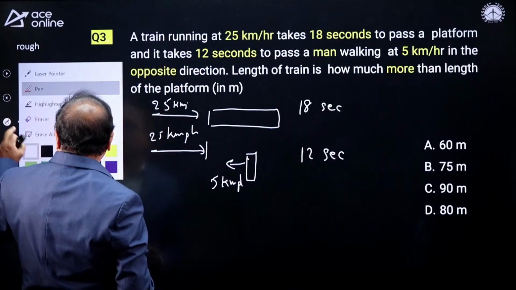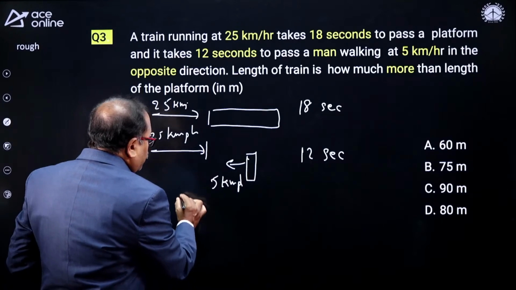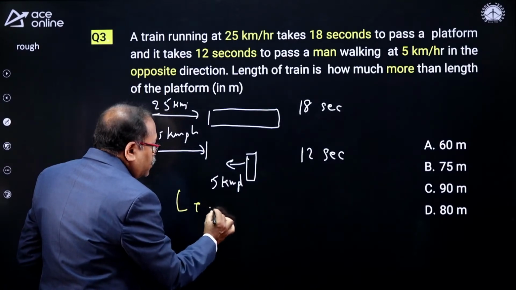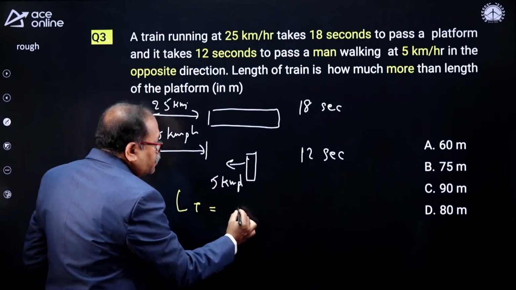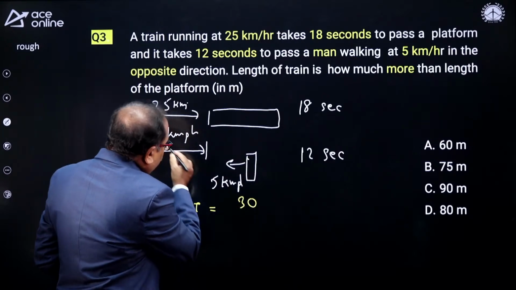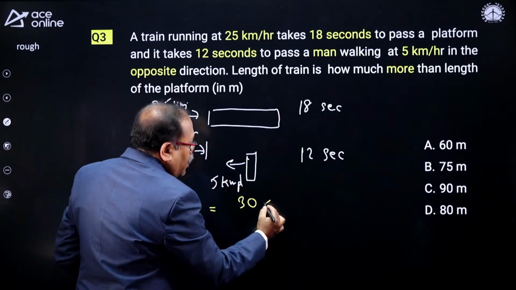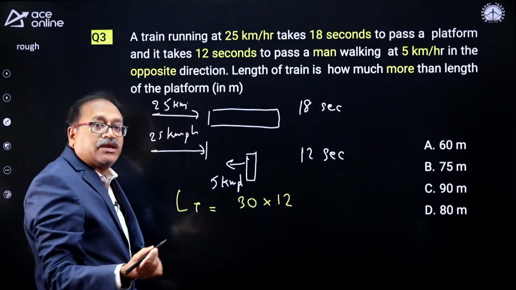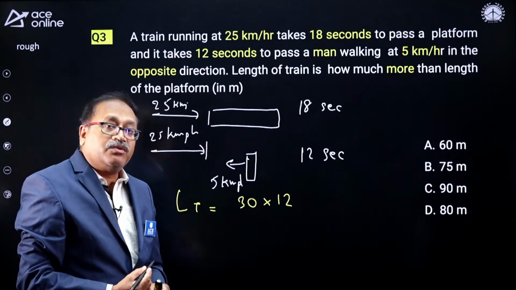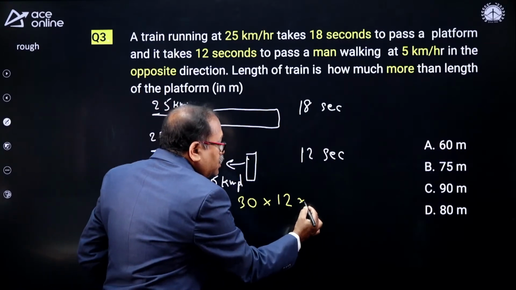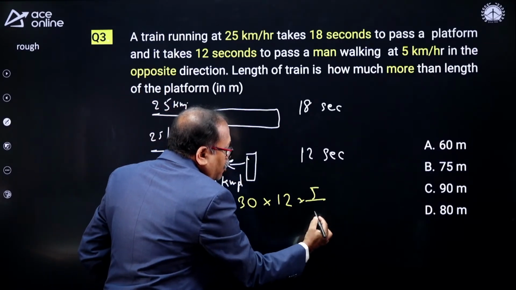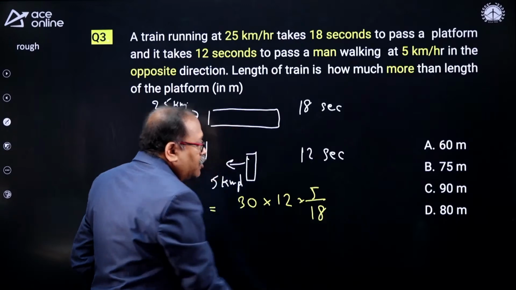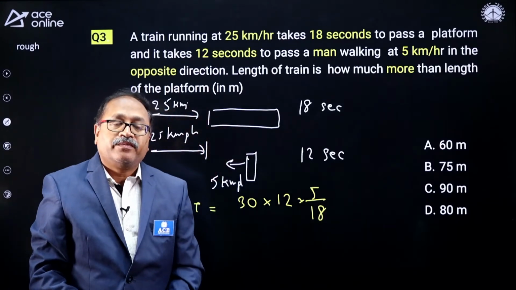So let's use this information to get the length of the train. What is the length of the train? Length of the train is equal to relative speed, which is 25 plus 5, 30, into 12. As the 12 is in seconds and the relative speed is in kilometer per hour, I'll multiply this by 5 by 18 in order to convert this into meter per second.